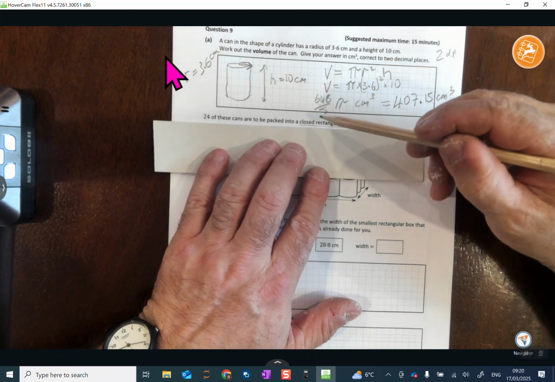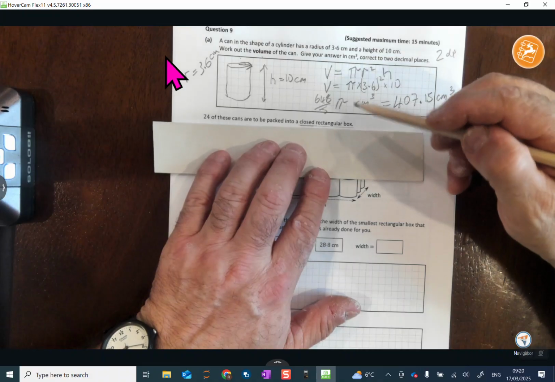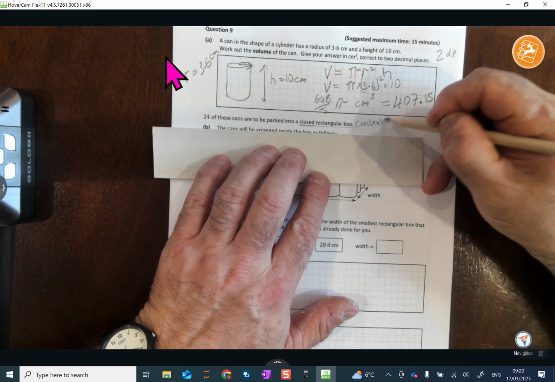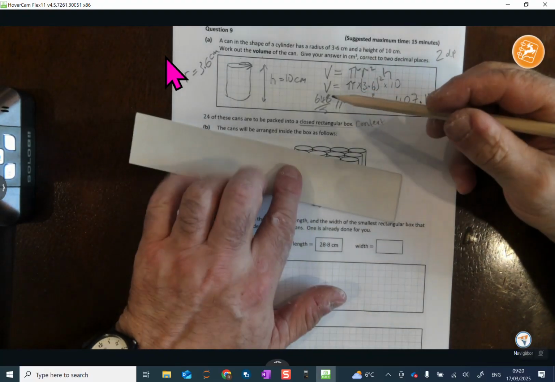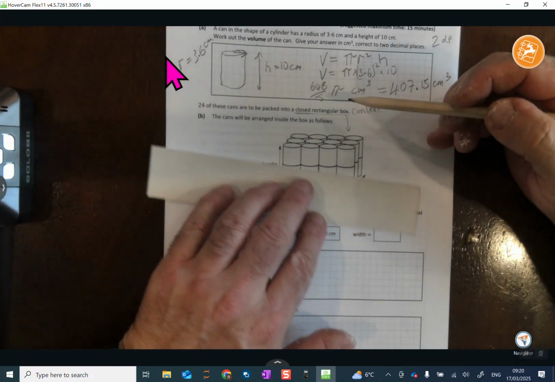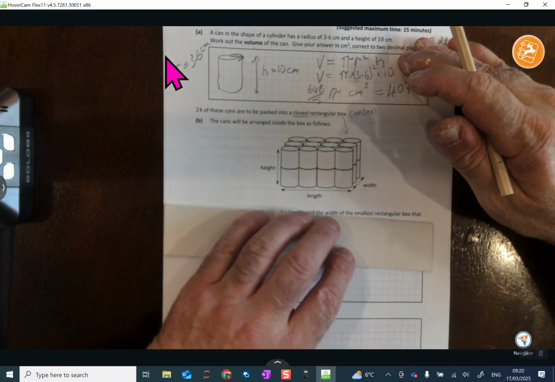And it's important that it's closed so that all faces are present. Now it's important to distinguish between the context and then the question itself, because often we'll get the context from looking at the picture, which I think in this case is also true, only we're being told there's a box around the outside. So the cans can be arranged inside the box as follows.